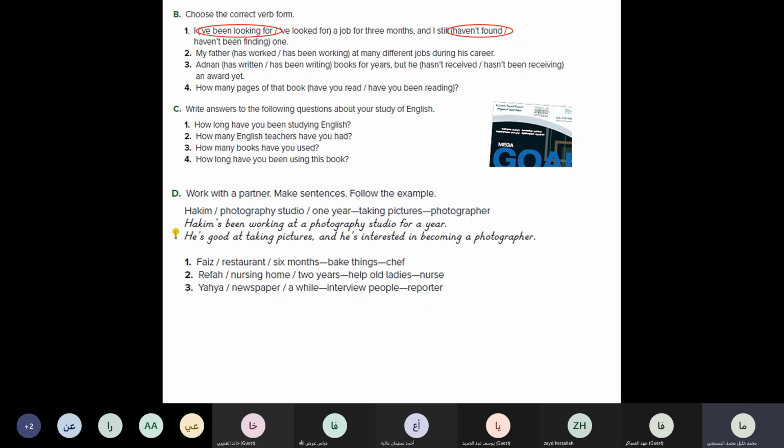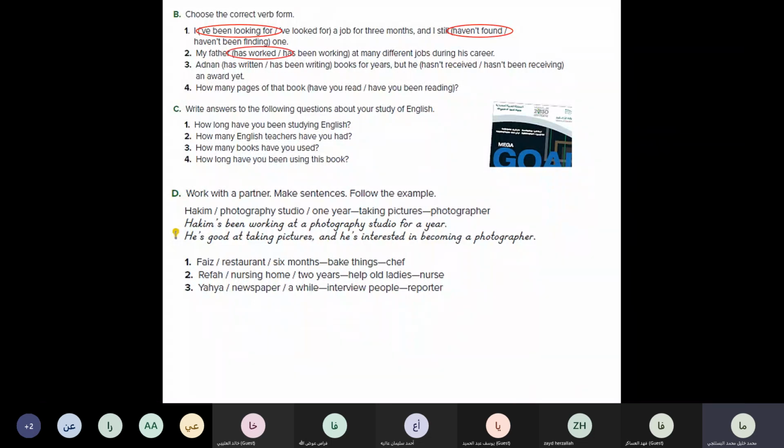Number 1 here, I'm still. I still haven't found one. Good. Number 2 is Khalid. My father has worked at many different jobs. Good. Here we have what? During his career.